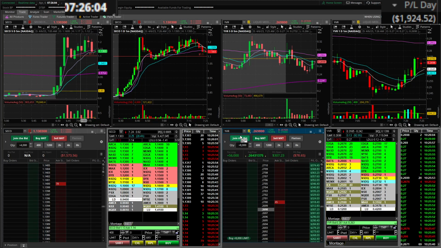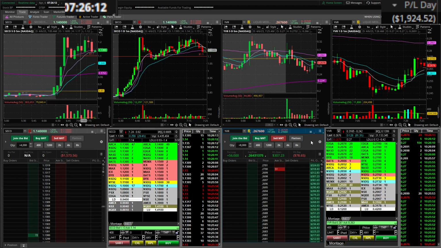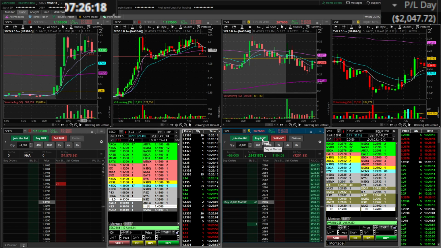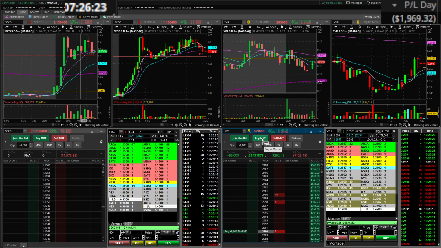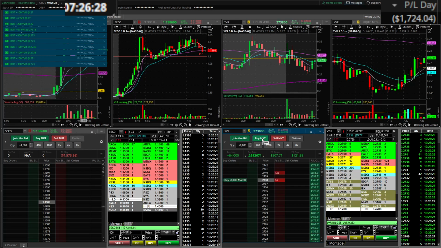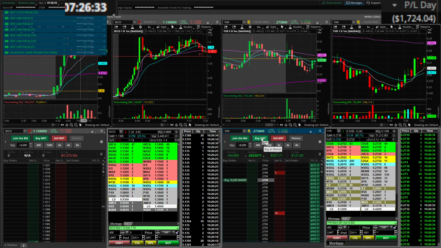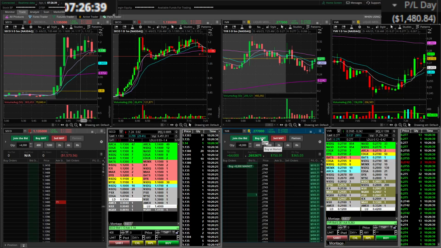Let's see some volume increase on the break of 27.30 and 27.50. Buyer at 26.70, adding at 27. Watching 27.30, 27.50. There's a big buyer at 27.50.